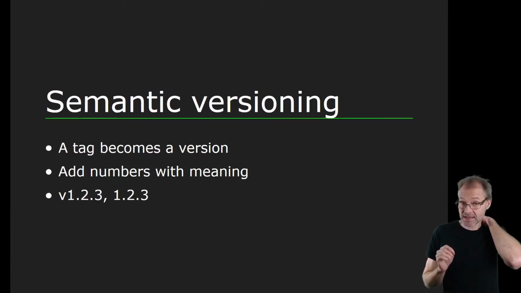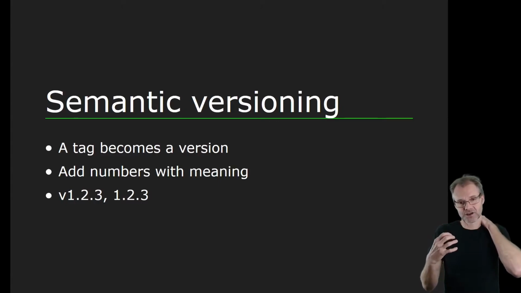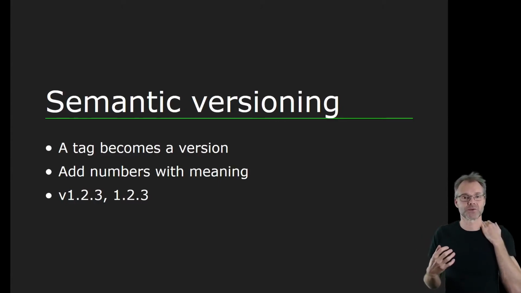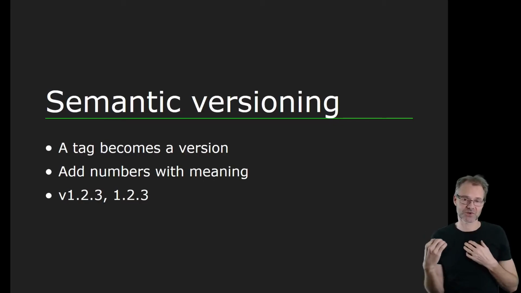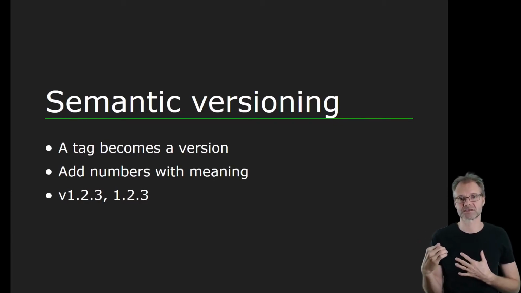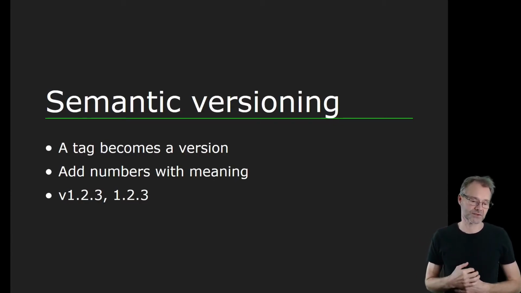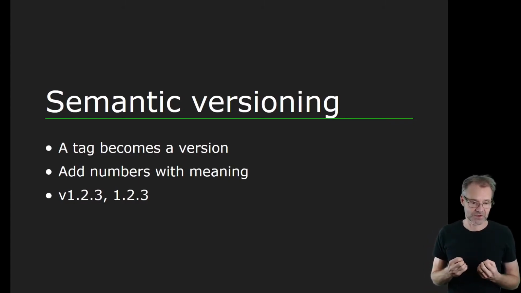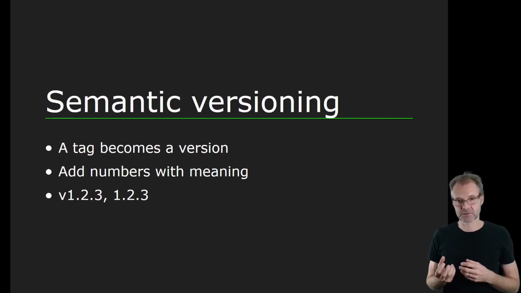When we do these tags, I said we do a tag on a stable base of software. We usually do, so now I'm done, let's release this. Let's release it for test, or let's release it to our customers. We should use version numbers, for example version 1.2.3.